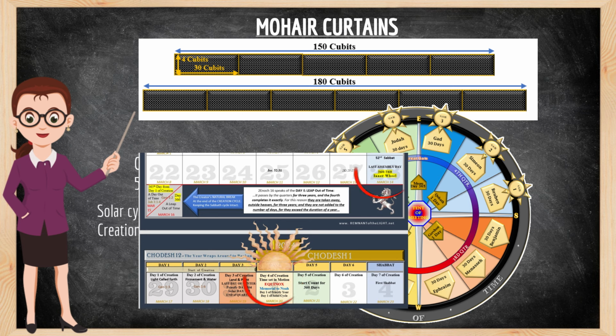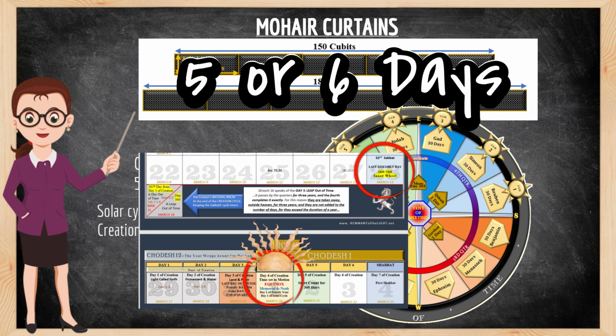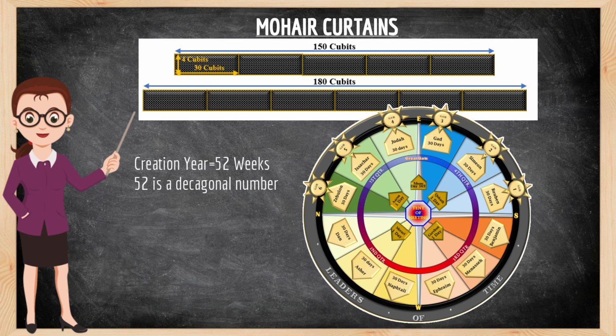Thus, between the last Sabbath of the cycle and the 4th day sign, there are 5 or 6 days depending on the leap. And perhaps the curtains were used to keep track of the leap years. Now, one reason this would be is that since Babylonian times, the leap years, along with the different lunar cycles, were used to predict the lunar solar eclipses.